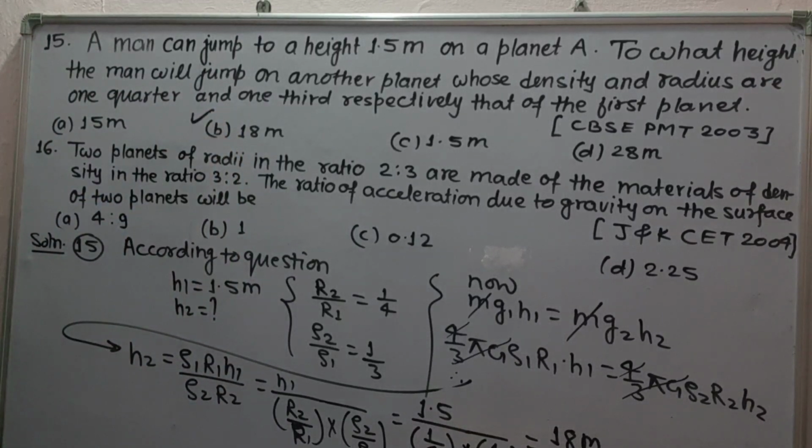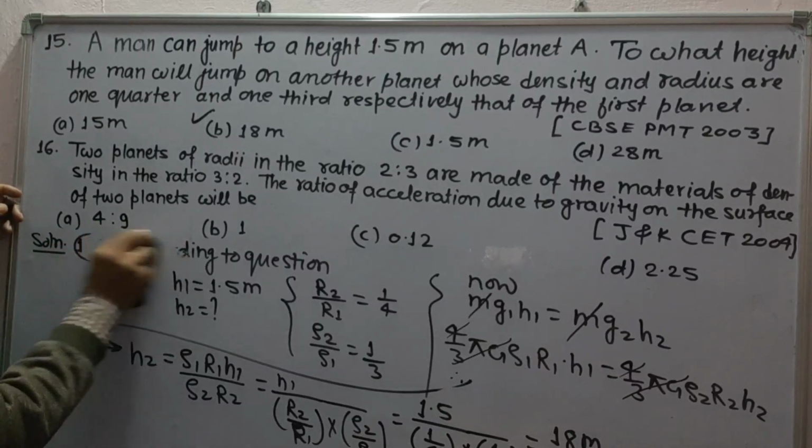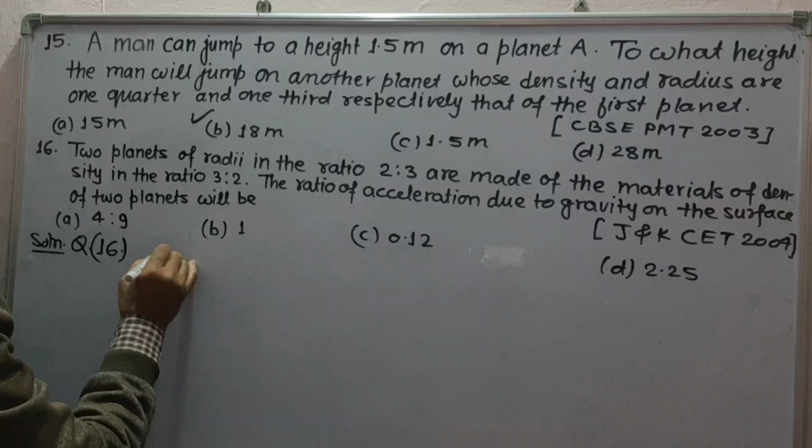Next question number 16. The question is, two planets of radii in the ratio 2:3 are made of materials of density in the ratio 3:2. The ratio of acceleration due to gravity on the surface of two planets is, these are the options. So solution to question 16.